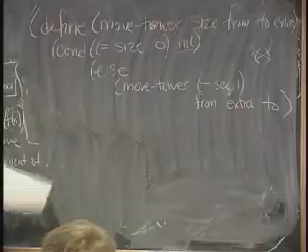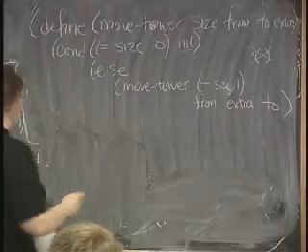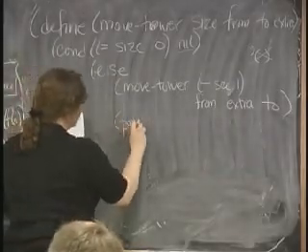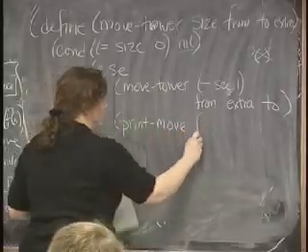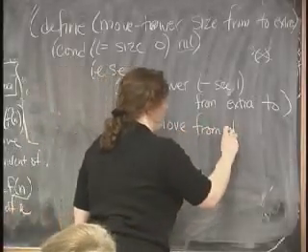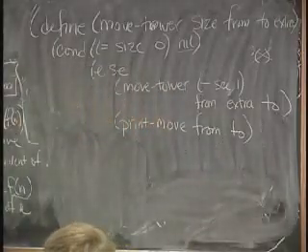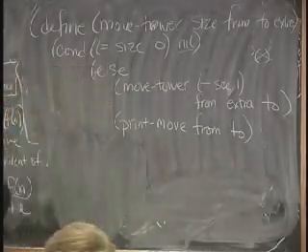Once we move the smaller stack to that extra peg, we're going to print out the move from from to to. We're just going to tell the user we're moving a disk from our from peg to our to peg.